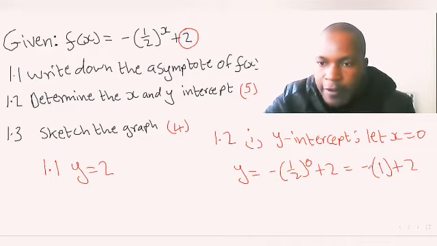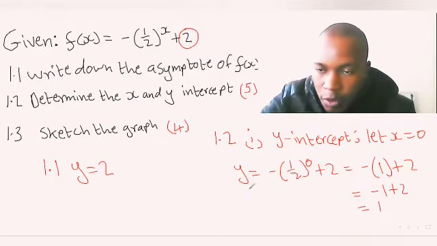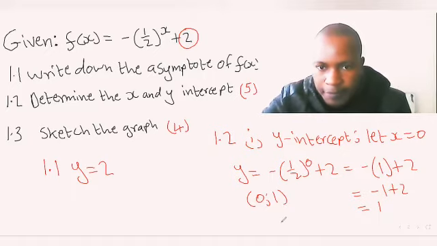So we would have negative 1 plus 2, which is just positive 1. So the coordinates of the y-intercept will read as (0; 1).